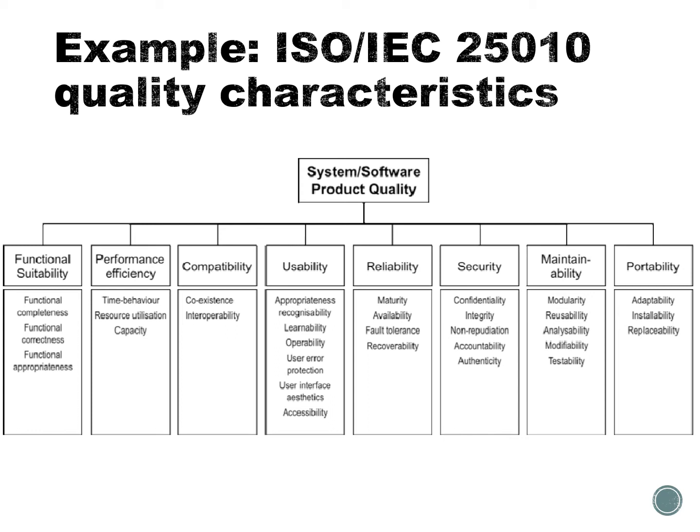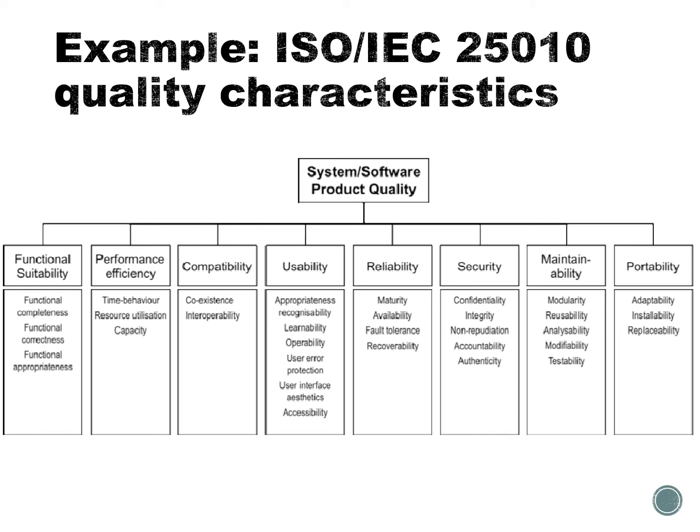There's one for products, one for services, and for both there's one for the thing itself and in-use model. So basically, it means that there's this list of characteristics: functional suitability, performance, compatibility, usability, reliability, and so on. And on all these characteristics, there's smaller definitions.